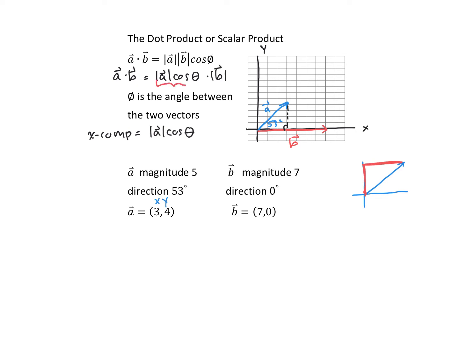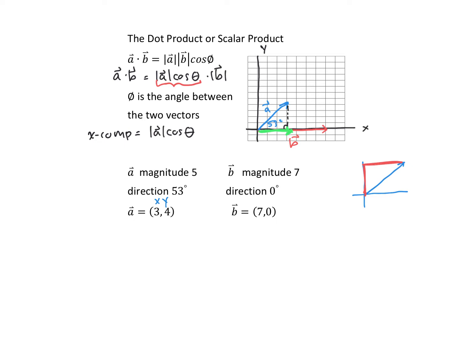This part is parallel to vector B, so the part of vector A that is parallel to B is the x component. We take that component, lay it along B, and then multiply those two values together. That gives us a scalar product because we will just have a numerical value. We will not have a direction.